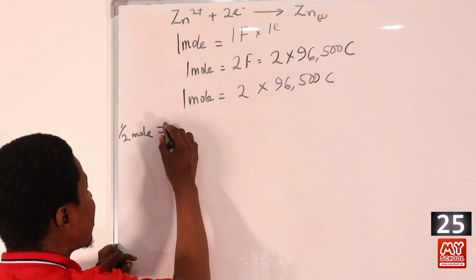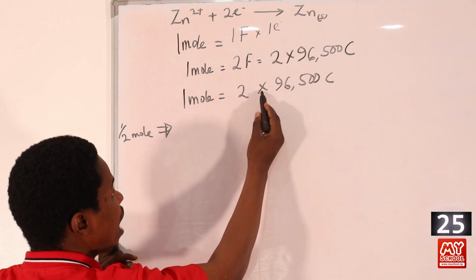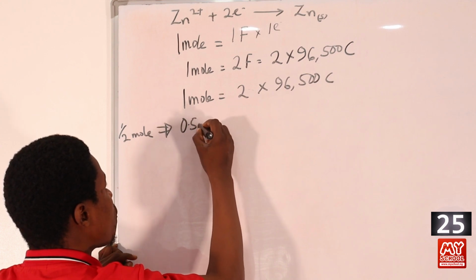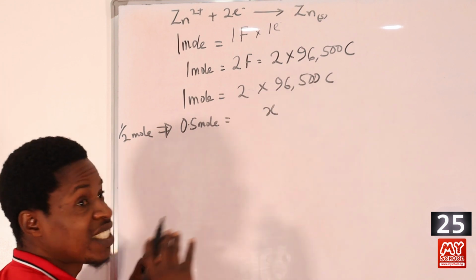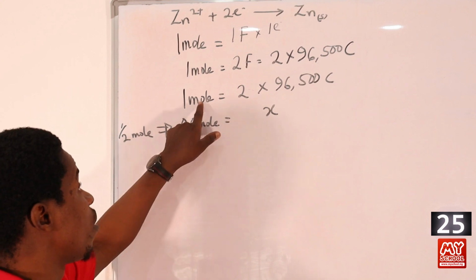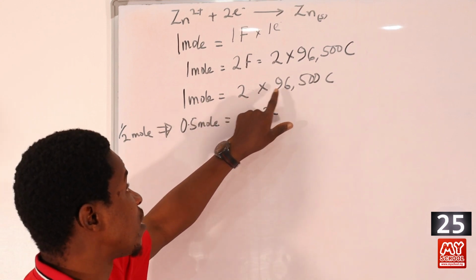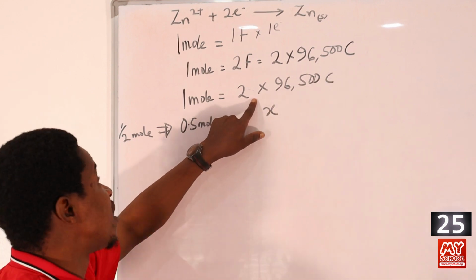which implies that when it was 1 mole of zinc, it was 2 times 96,500. Now that it is half mole, that is 0.5 mole of zinc, what is going to be the quantity of electricity? That's just the relationship, and that's easy as that. 1 mole of zinc would have given us 2 electrons, that's 2 times 96,500 coulomb. That is the quantity of electricity that would have discharged that zinc.